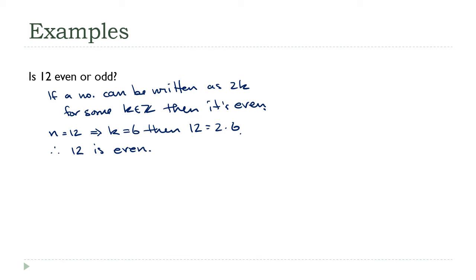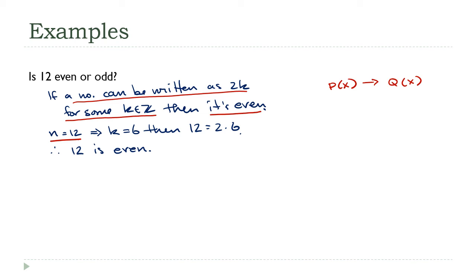If we replace "there exists an integer k such that the number can be written 2k" with P of x, and if we replace "it's even" with Q of x, and now down here, what do I do next?